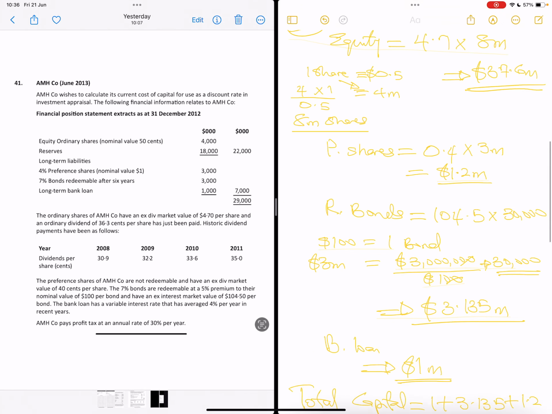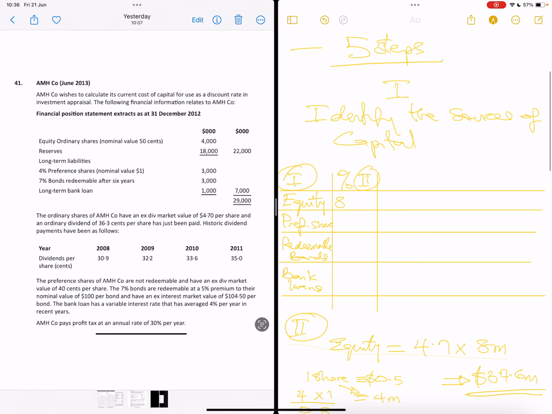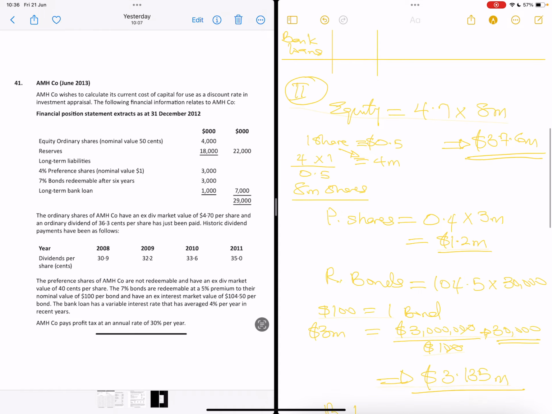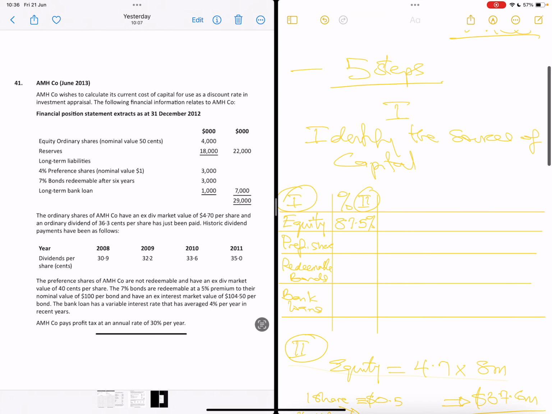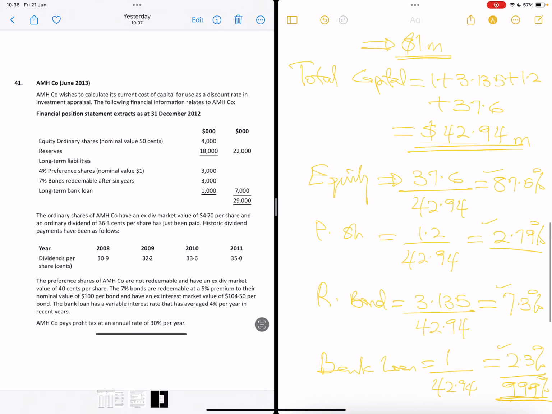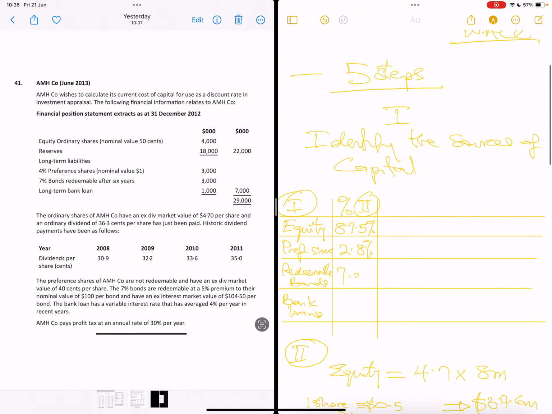We have 87.5, 2.79, which we can make 2.8%, 7.3 and 2.3. So we have the proportions.